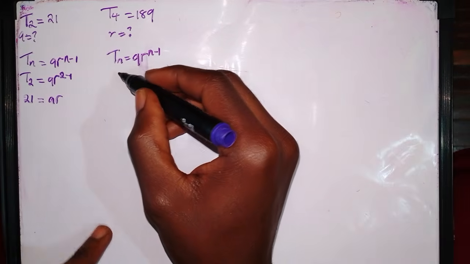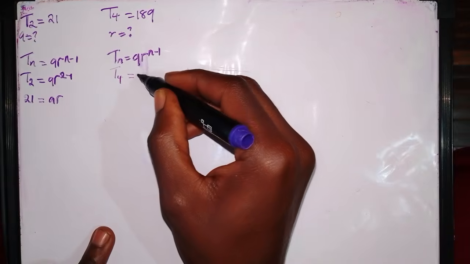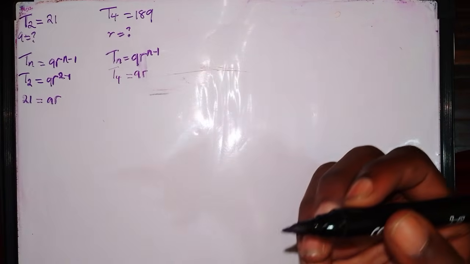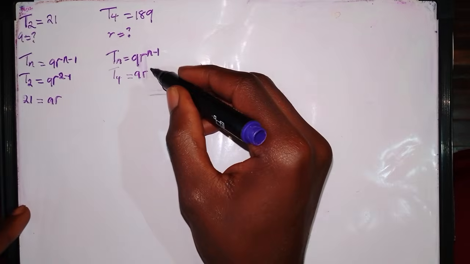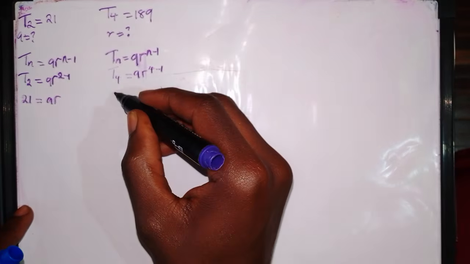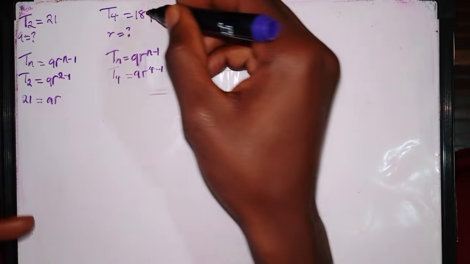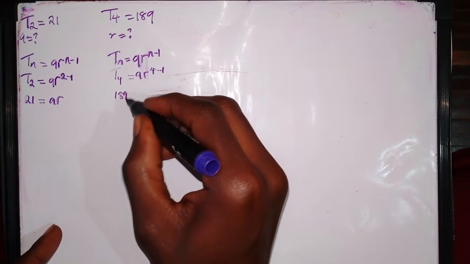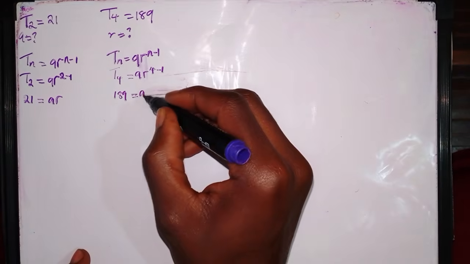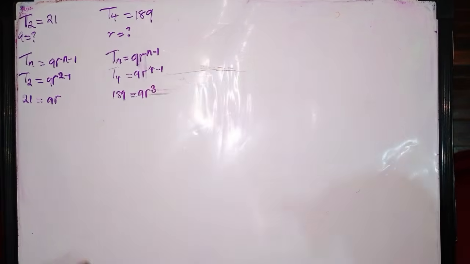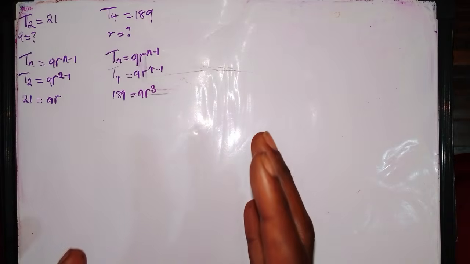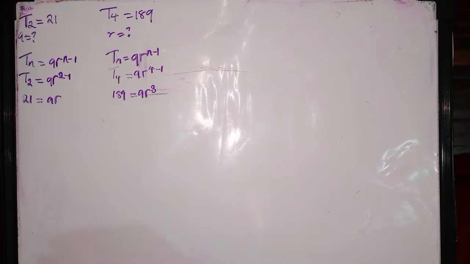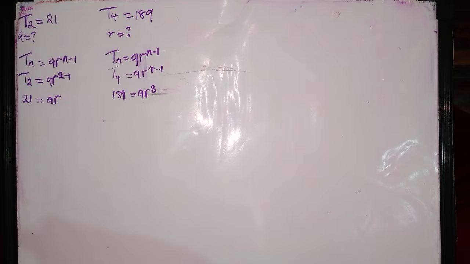Then we are talking about the fourth term, so T4 is equal to A R^(4-1), since N is the position. Our fourth term is 189, so we have 189 equals A R cubed. So now here we have 2 equations.